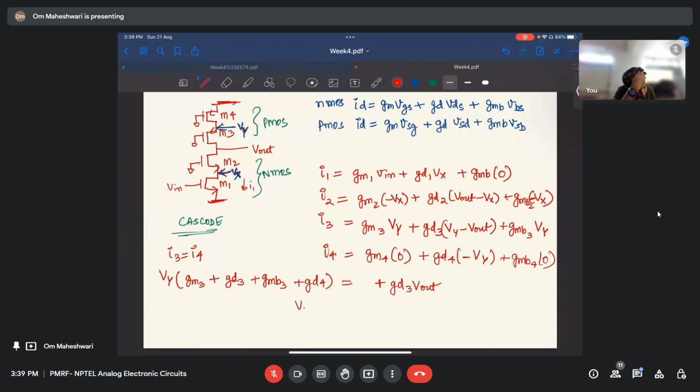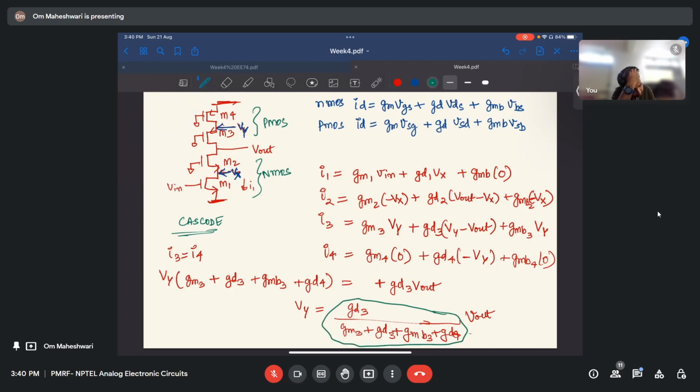Okay, so Vy equals GD3 by GM3 plus GD3 plus GMB3 plus GD4 V out. And I'll take this value as K. So Vy equals K V out.